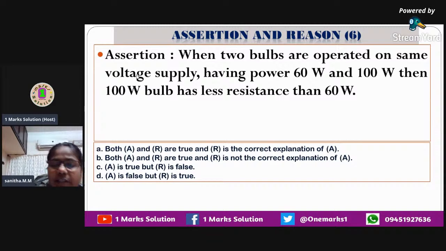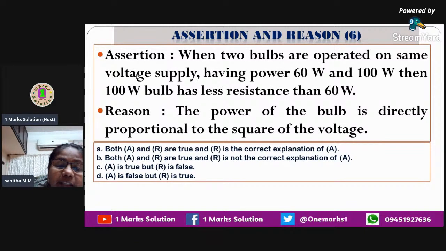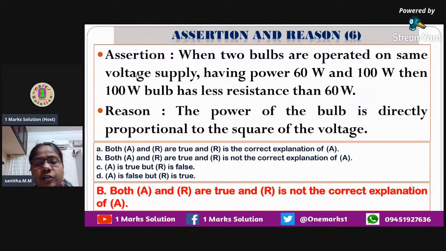So the assertion is correct. What about the reason? The power of the bulb is directly proportional to the square of the voltage. Think of it, P is equal to V squared by R. So power is directly proportional to the square of the voltage. Correct. So here we can say assertion and reason are true.